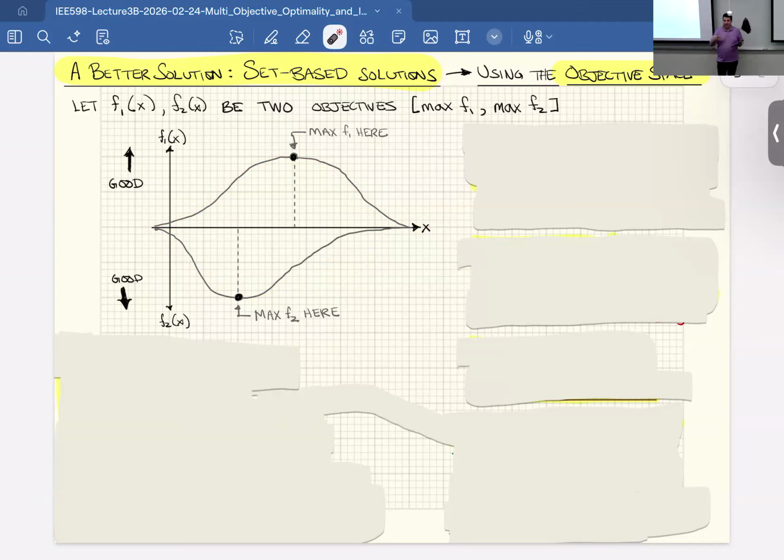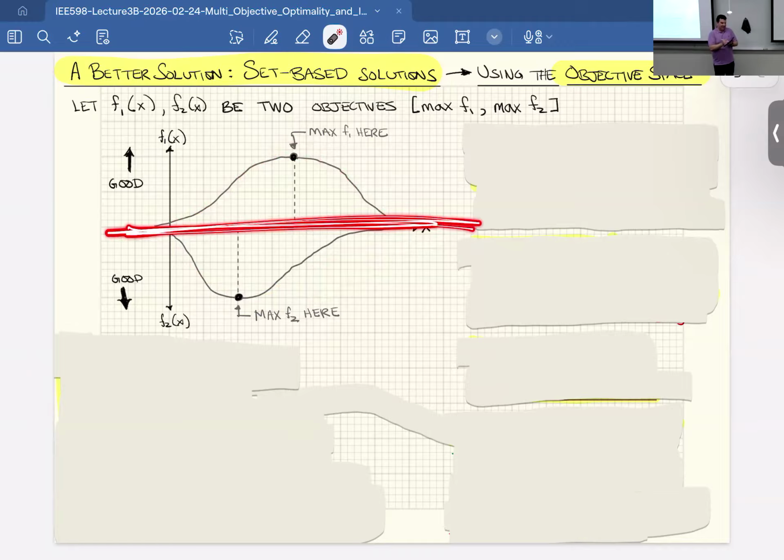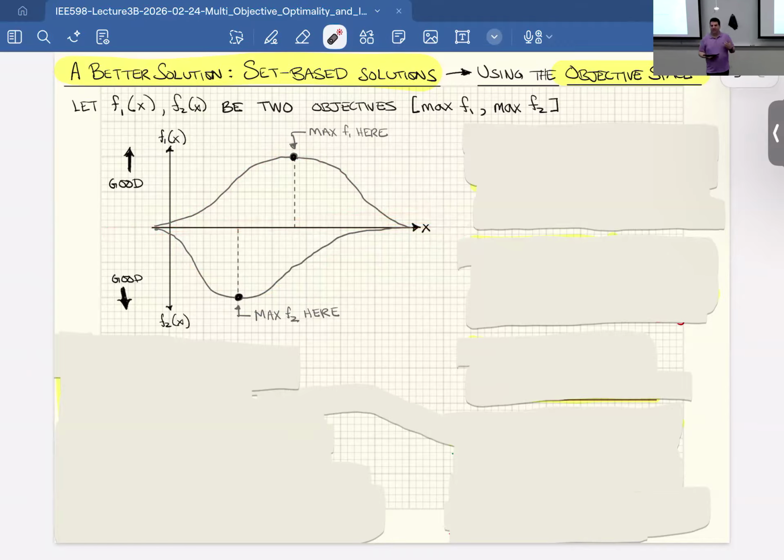I have to choose a mixture. So if this is my speed curve and this is my accuracy curve, and these are all of the designs that I can give my stakeholder, I have to ask myself, what designs are even eligible for me to consider giving my stakeholder? Does anyone think this is an eligible design to give my stakeholder?